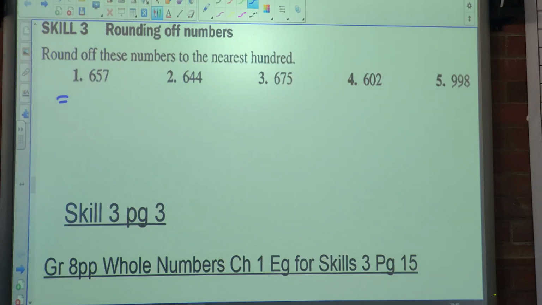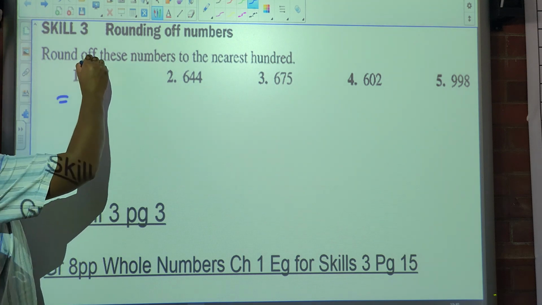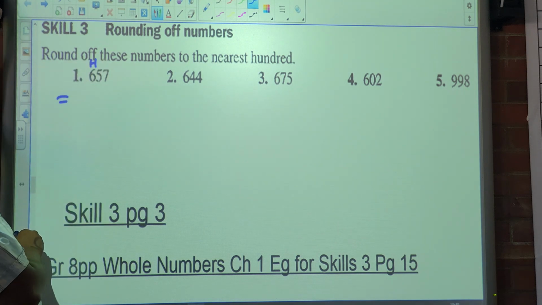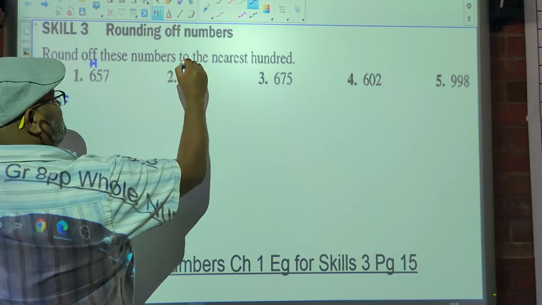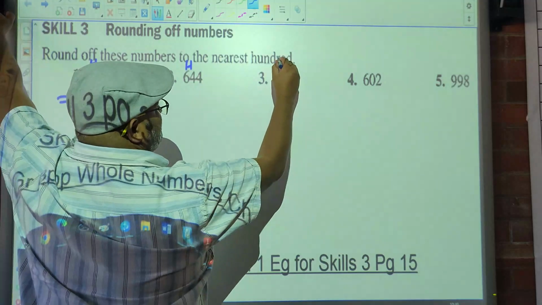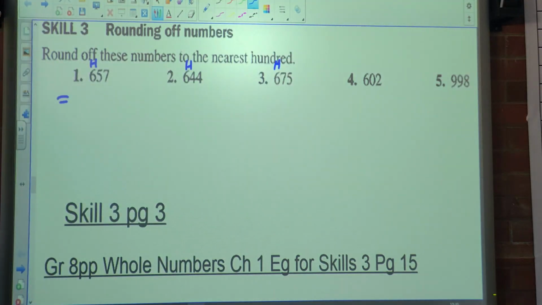So let's look at number 1. This number is 657. So this is your hundreds here. So that is your most significant figure there. So it's 100 there. And so on and so on. So he wants to round off this to the nearest 100.